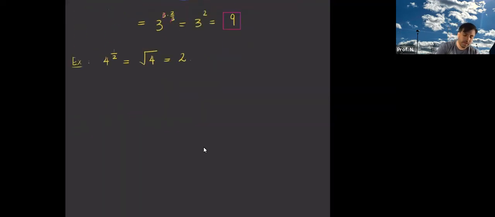So what's the rule here? The rule is that when you take x, any base, and you raise it to the 1/2 power, that's equivalent to taking the square root. So the connection between raising to the 1/2 with the fractional exponent and the radical expression is that it's taking the square root. So that's an important rule that we must remember.